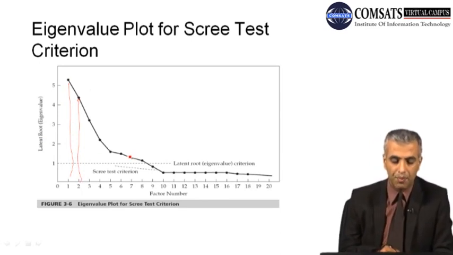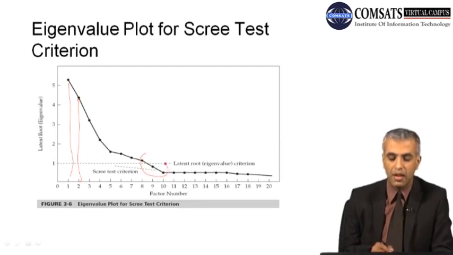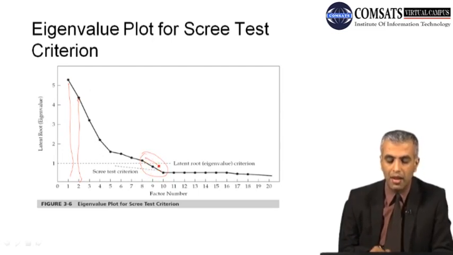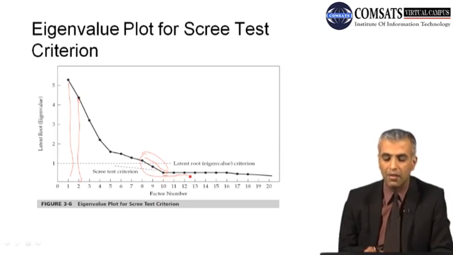We keep on plotting until we reach a value at which the curve basically becomes a kind of straight. Here you can see, after this tilt, the curve becomes kind of straight.